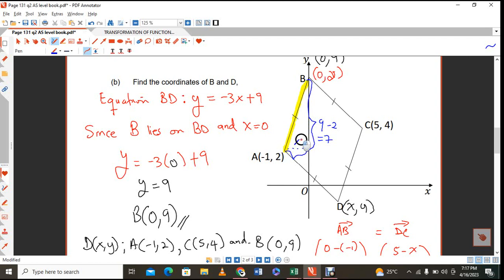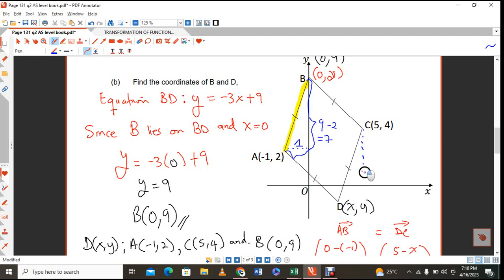So this distance is just 1 unit. That's basically what we're looking at. We are now equating that to CD, because these are parallel sides and therefore they are equal also in length. So all these distances are equal. Since I'm looking for this, CD is equal to BA or AB. Whatever distance we are getting there should also equate the same.